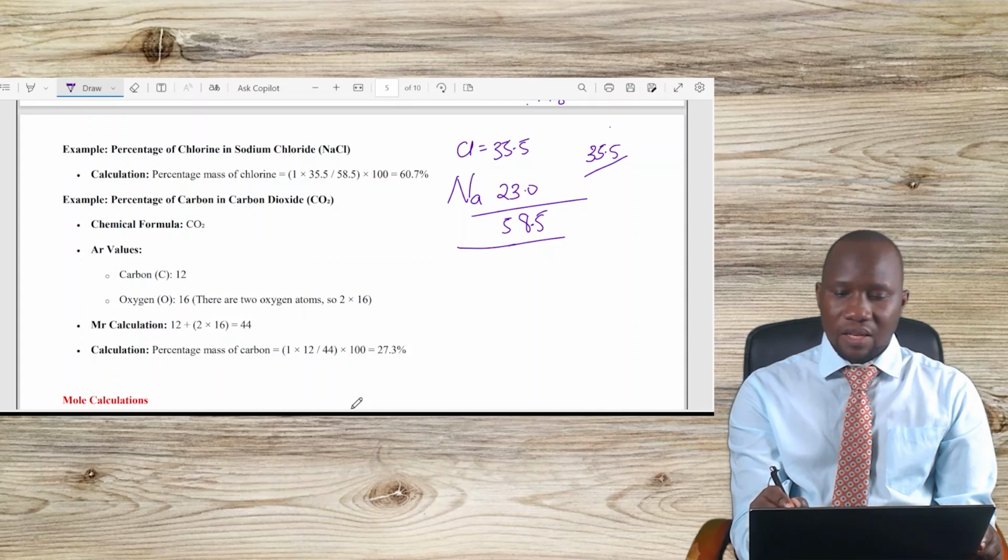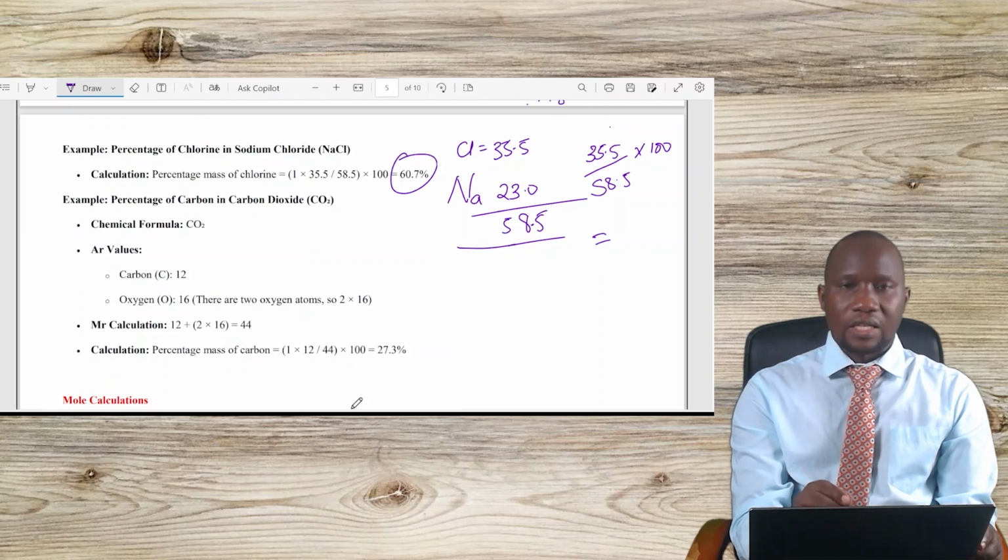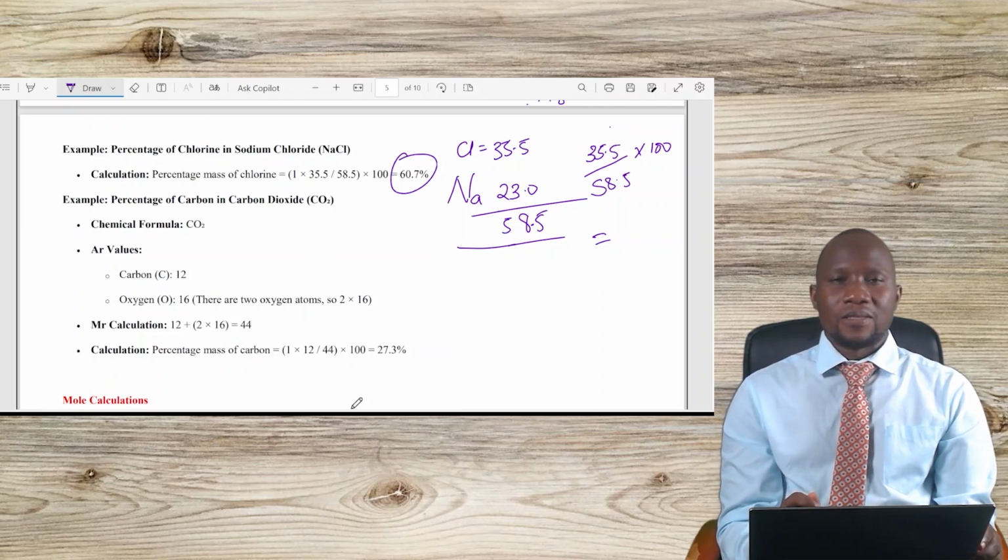So it is basically 35.5 over 58.5. You multiply that by 100, and you get that the chlorine is 60.7% in sodium chloride.